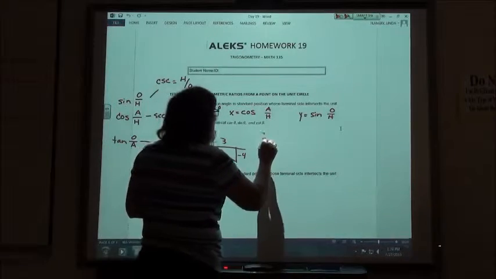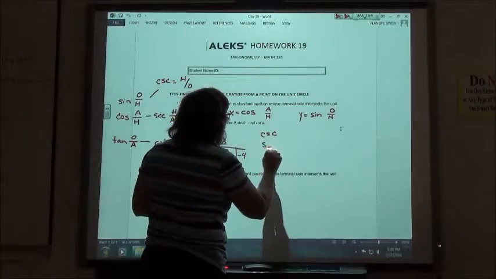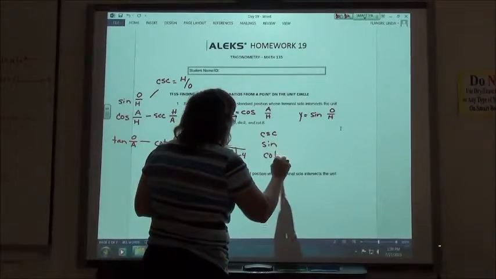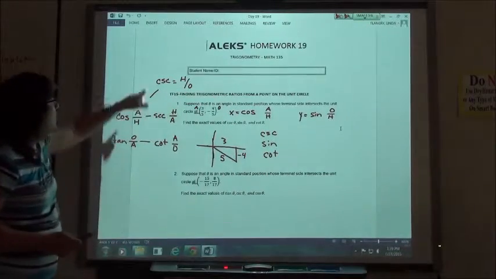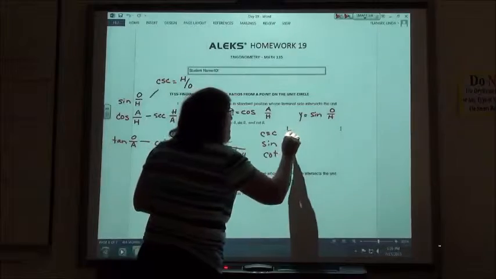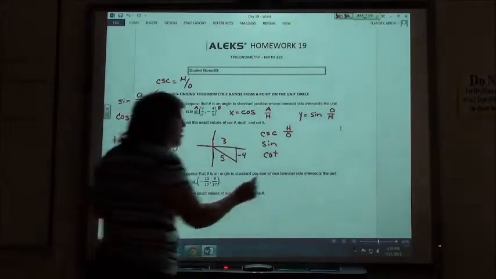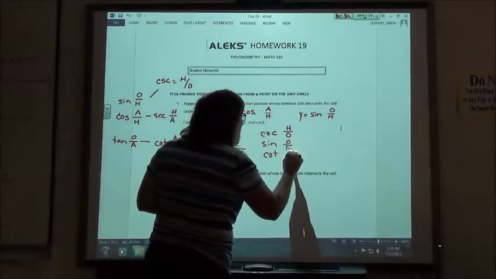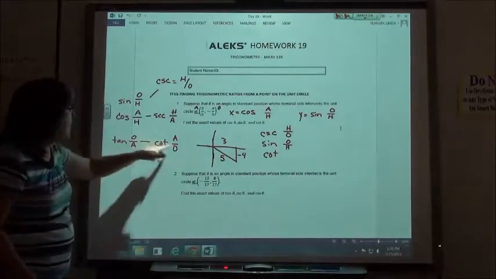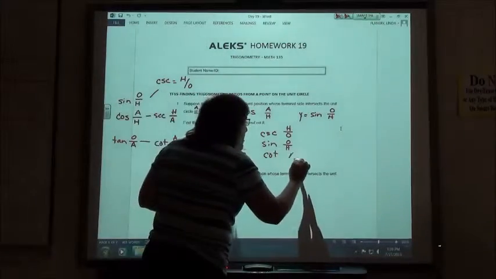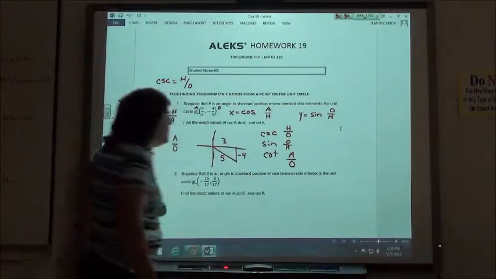So we're going to do the cosecant, the sine, and the cotangent. So my cosecant, my hypotenuse over my opposite, my sine's going to go the other way around, my opposite over my hypotenuse, and my cotangent, my adjacent over my opposite.